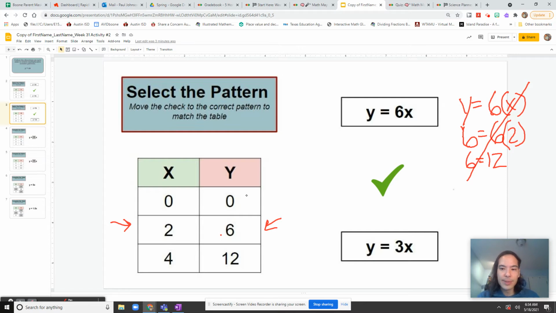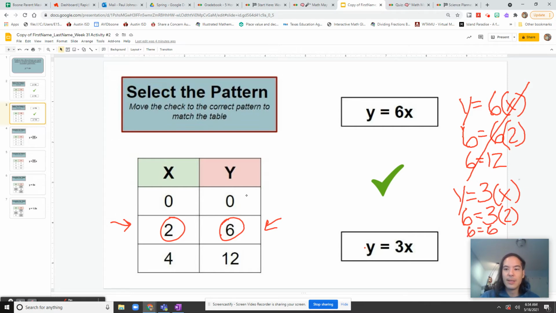Let's check out y equals 3x. Y equals 3 times our x value. So let's take our x value and plug it in for x, and our y value and plug it in for y. So our y value is 6, and then we're going to plug in our x value. Does this make sense? Is 3 times 2 6? Yeah. So this side does seem to work. Let's just double check our work.